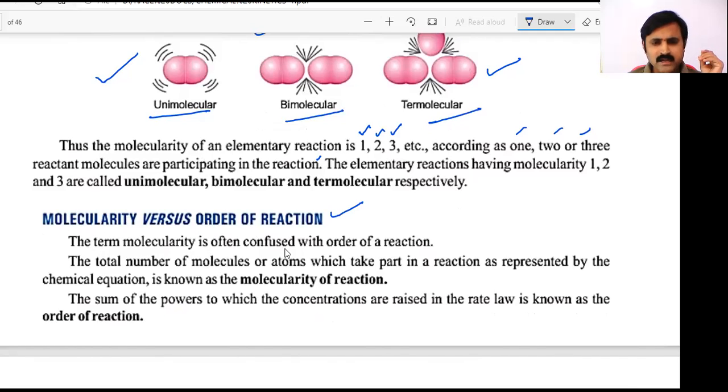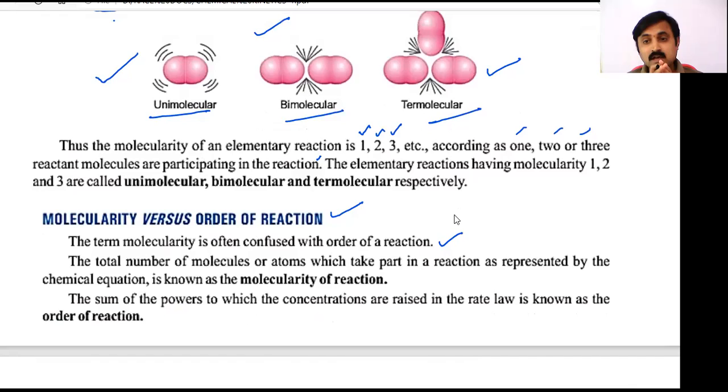The term molecularity is often confused with order of reaction. Yes, it is confused until we know the meaning of it. The total number of molecules or atoms which take part in the reaction, as represented by the chemical equation, is known as the molecularity of the reaction.